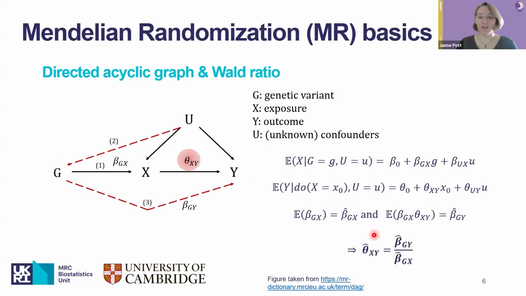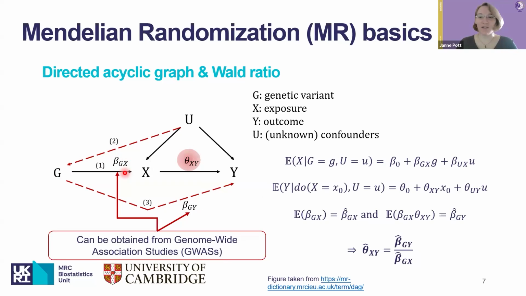Because then our causal estimator, our causal effect, is simply the ratio of the genetic effect on the outcome and the genetic effect on the exposure. And this is great because those SNP effects are typically available in GWAS databases like GWAS catalog. So we don't need to run any expensive clinical trial. We just can use those publicly available data.